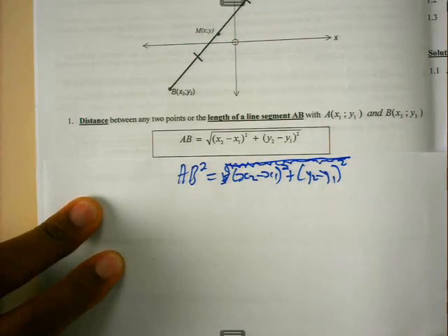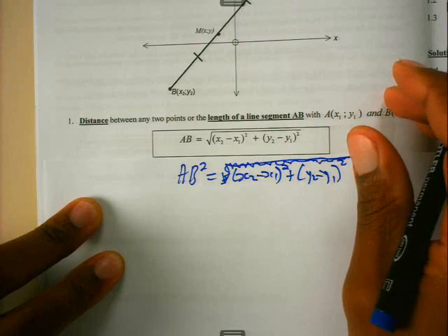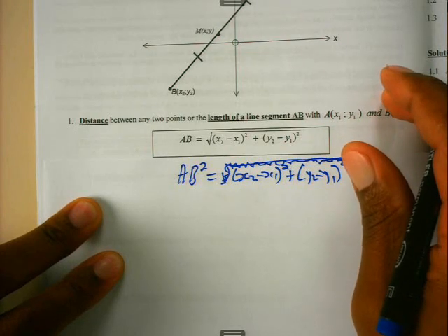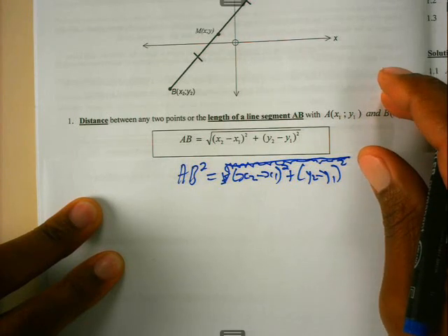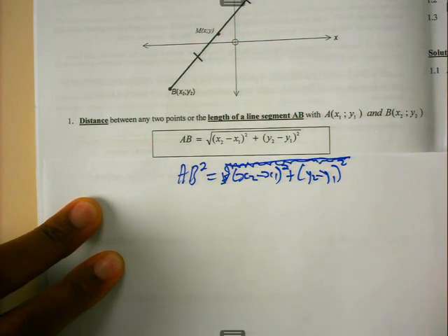Under the distance formula, you'll find that we have 2 possible questions. The first one, they can ask you to determine the length between 2 points A and B. The other one, the distance will be given, and the only thing you can do there is to find the value of x or the value of y.